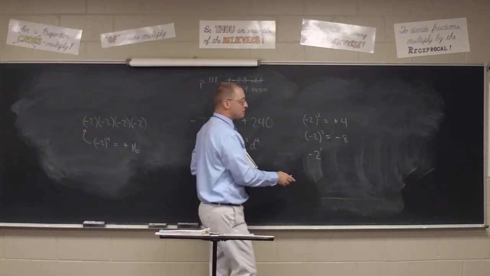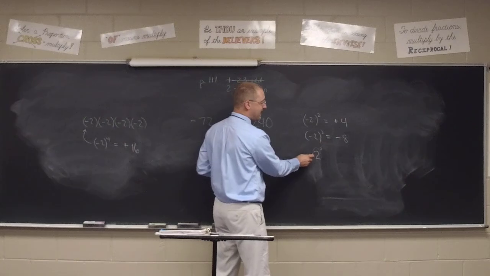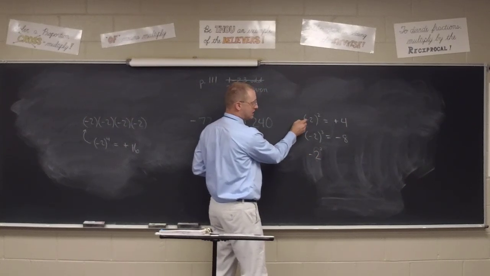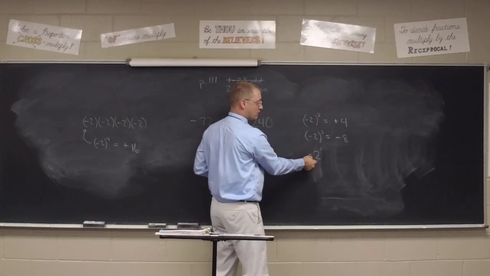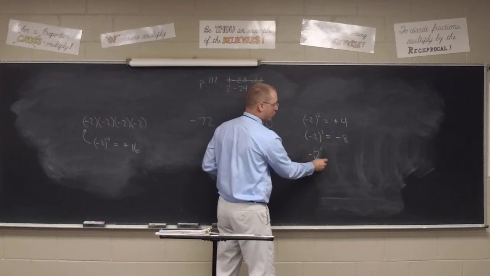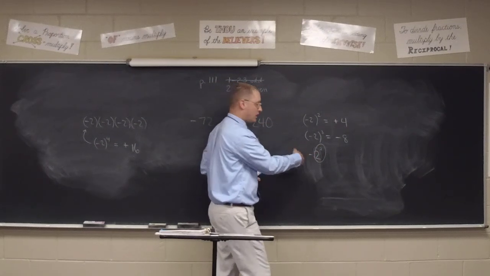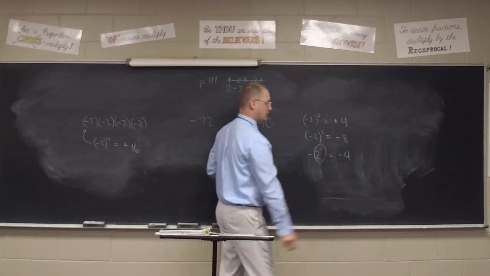So here, what is being squared? Just the 2. The negative is in front of the 2. It's not grouped with the 2. Do we see the difference between negative 2 squared and negative 2 squared, with the parentheses? See that? So when I square a 2, I get, class, 4. But the negative is just floating in front. Negative 4.